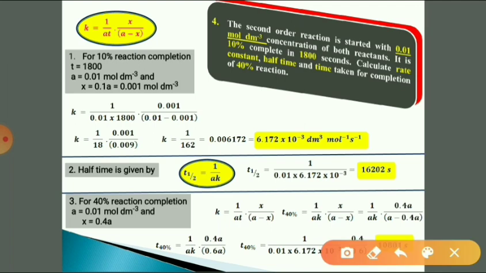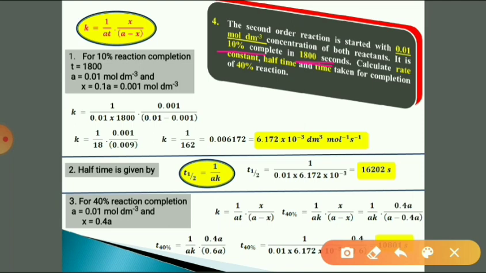Here a few data are given. 0.01 mole per dm cube is the concentration of both reactants at the initial stage, that means equal initial concentrations. It is also given that for completion of 10% of the reaction, the time taken was 1800 seconds.